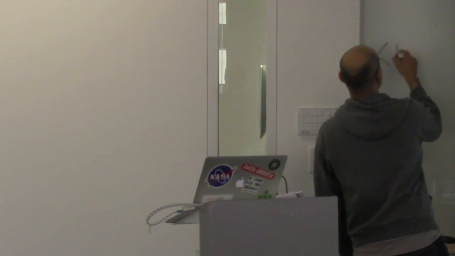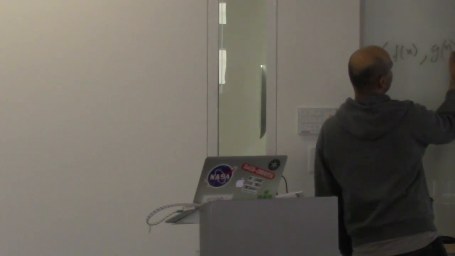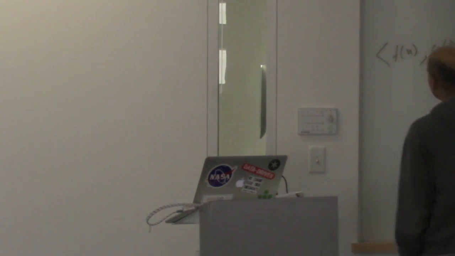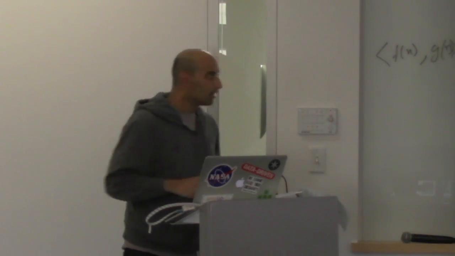It's not important, but can anyone see this? Or is it too out of place? Okay. Doesn't matter. I will get to it on a slide, and I'll have to re-explain it, but it's fine.